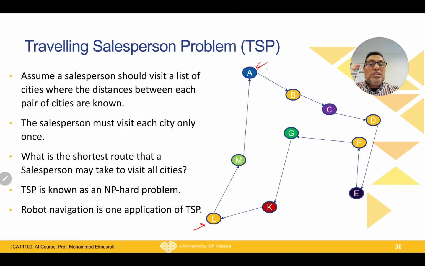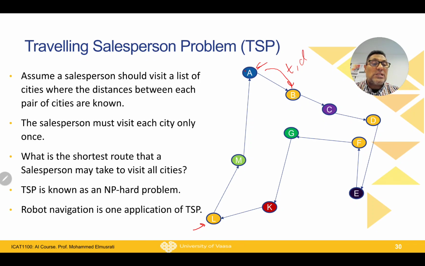To move from each city to the other city, we have some cost. The cost can be the time required, or it can be the distance. And the idea is that you are not allowed to go through the same city twice. So if you go from A to B, it is not allowed to go through B again.